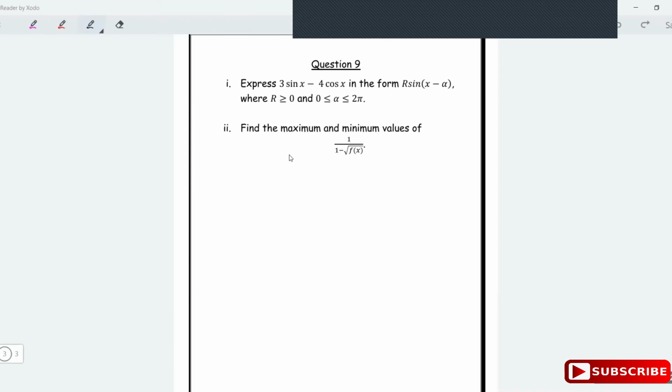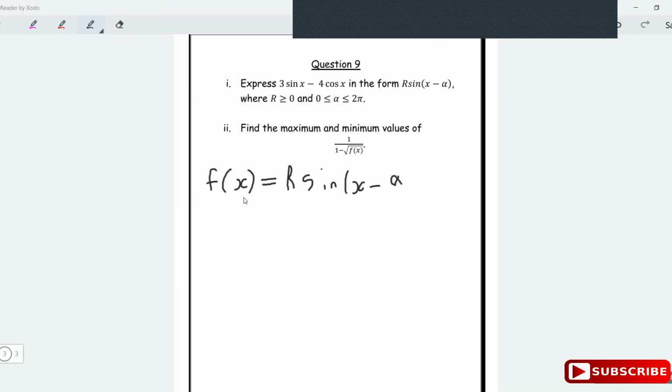No problem at all. So in order to do this now, we have no real issues in doing this. So first thing, we can write that f of x is 3 sine x minus 4 cos x, and we want to write it in the form r sine x minus alpha. That's what we want to write it in. So we need to find r and we need to find alpha.